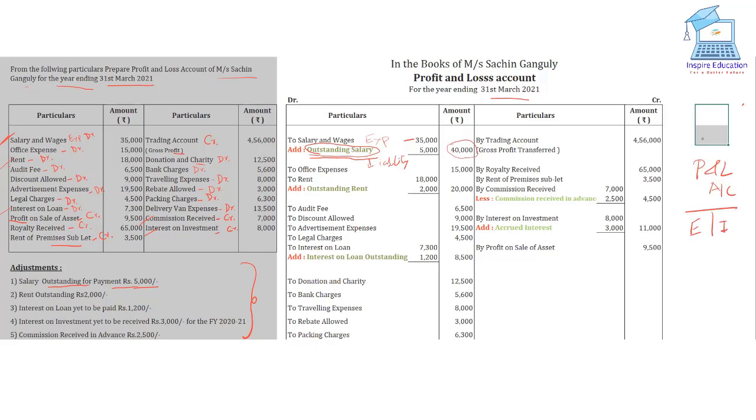So we are preparing the profit and loss account. Don't confuse with liability on the credit side and asset on the debit side. We are preparing only the profit and loss account, so here we are concerned with expenses and income. Expenses will be on this side and incomes will be on the credit side. Don't mix these things.